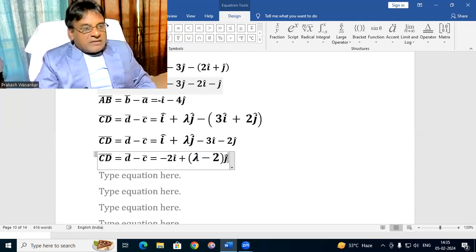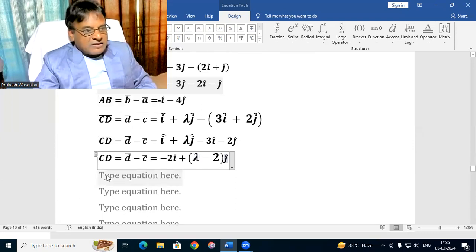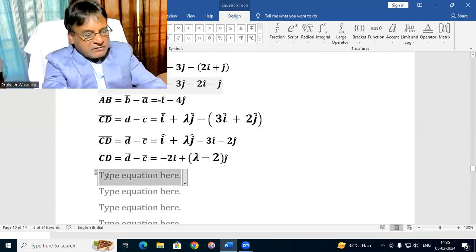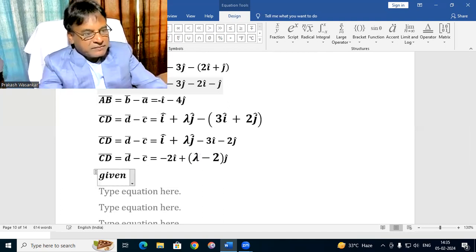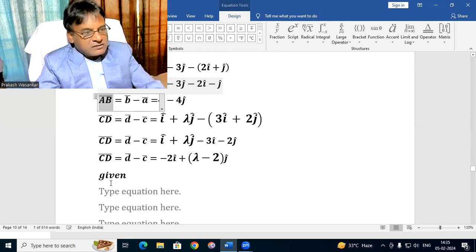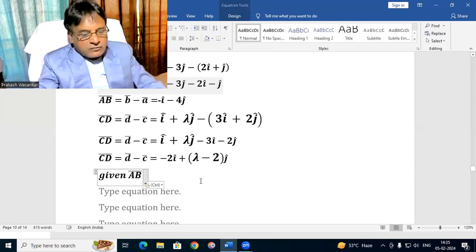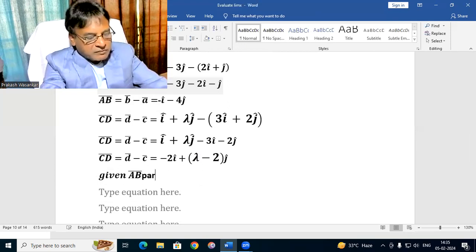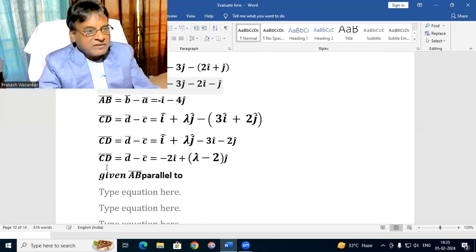Then here it is given that AB bar and CD bar are parallel. So given AB bar is parallel to CD bar.